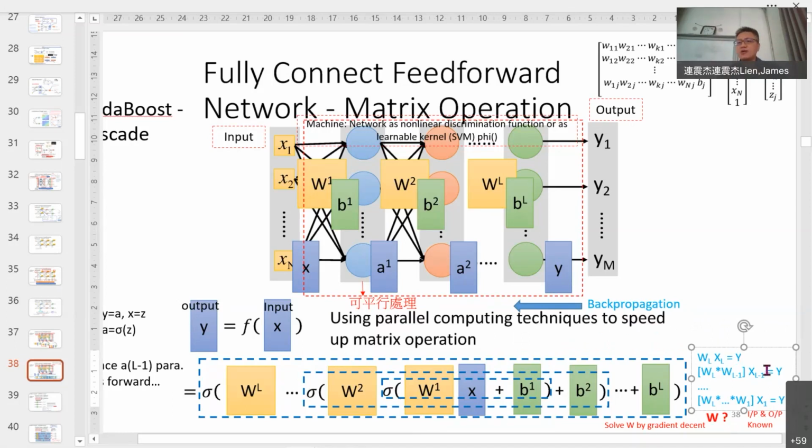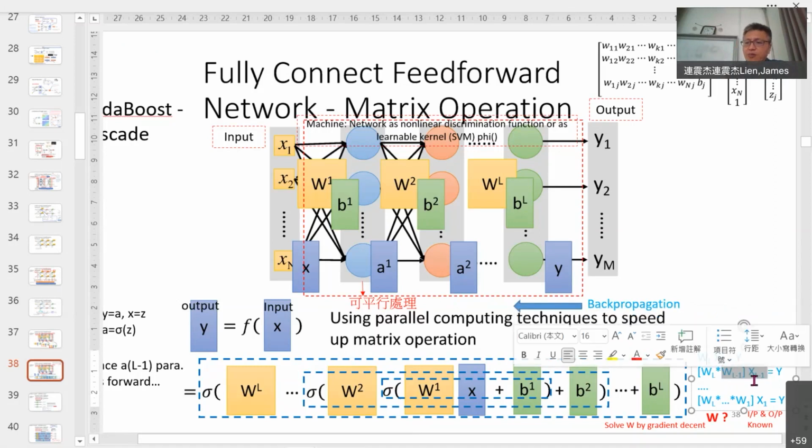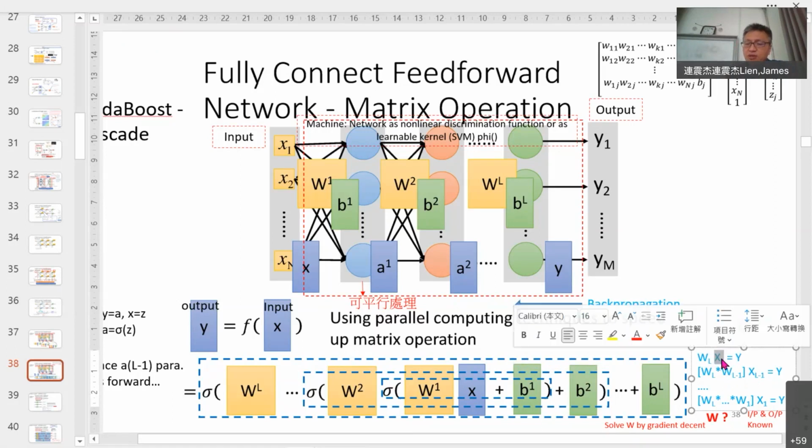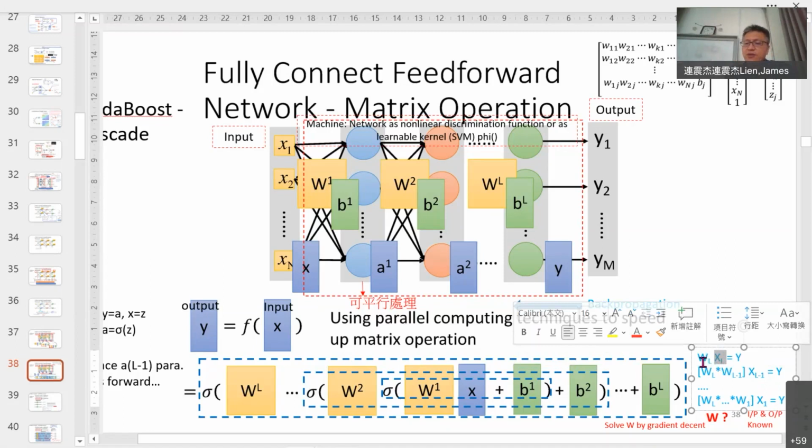You do the labeling, so this is your label. And XL is the output, with XL minus 1 as its input: the output of the previous layer is the current input. This is unknown, you want to train W.